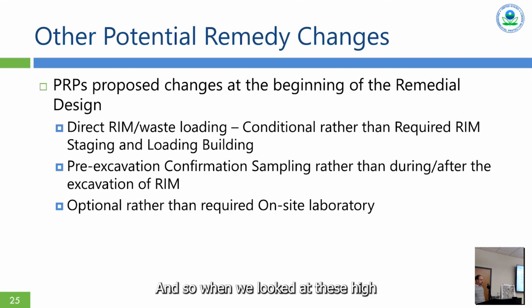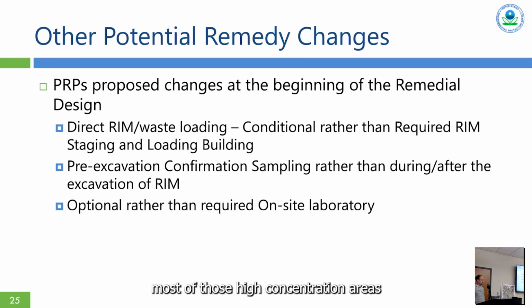Yeah. And so when we looked at these high concentration areas, it was looking like they were maybe a couple feet thick. Well, when we actually did this design investigation, the PRPs did much finer samplings, like 6 inches, 1 foot. Yeah, and they did very, very close evaluation of the cores that came out of that drilling.